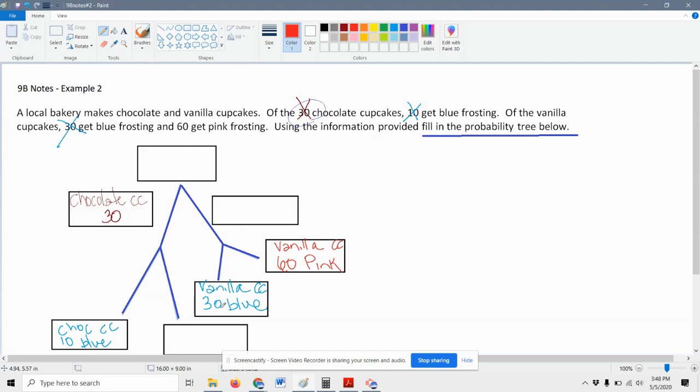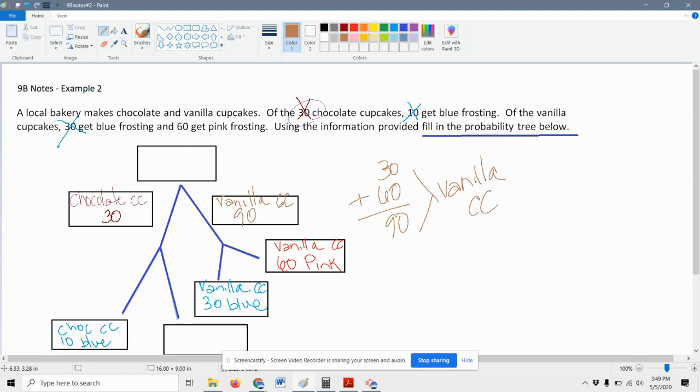Now we know that this whole branch is our vanilla cupcake branch, and that means we know what we can put in this box, right? We're looking for a total of vanilla cupcakes, so we're just going to add up the 30 blue vanillas and the 60 pink vanillas, and we're going to get 90 total vanilla cupcakes, okay? And that's what we're going to put in our box here.